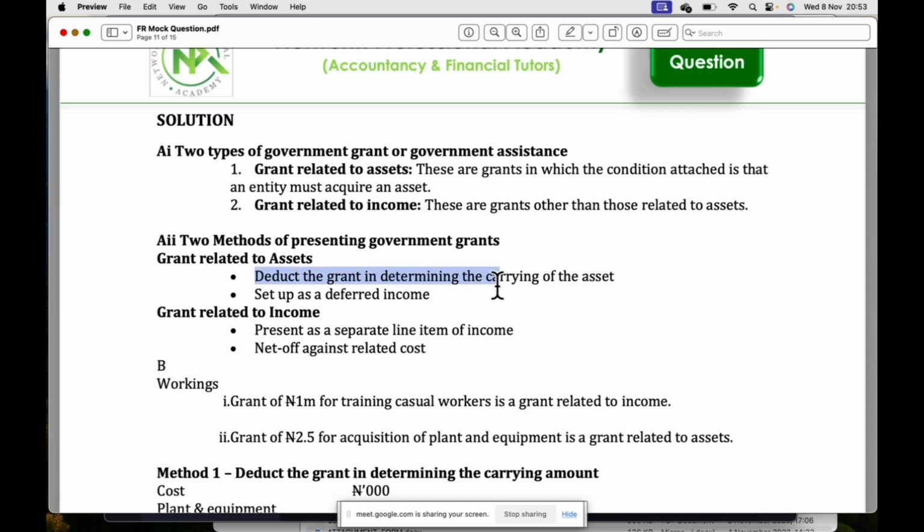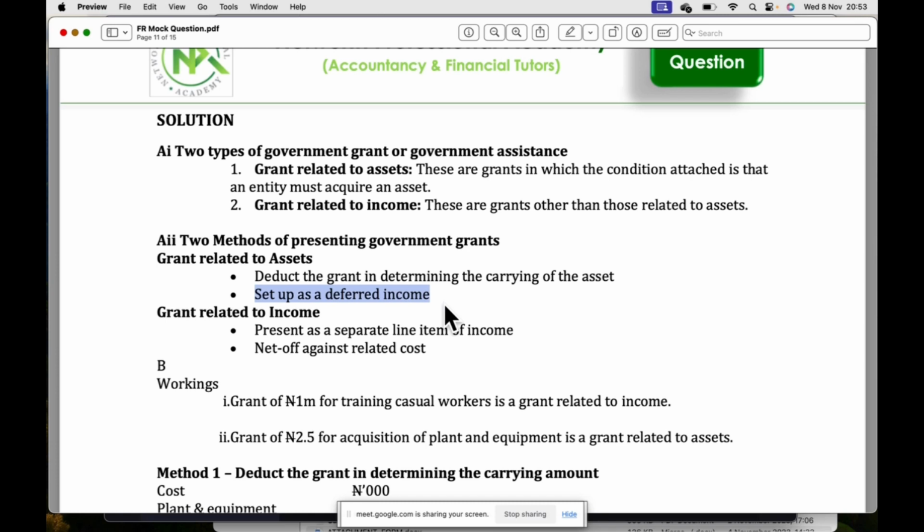Either you deduct that 30,000 from the cost of the asset or recognize that 30,000 as an income. But the accrual concept will not allow you to recognize 30,000 as income in year one because that 30,000 is meant for funding an asset. So the accrual concept will say that we recognize the income over the useful life of the asset.